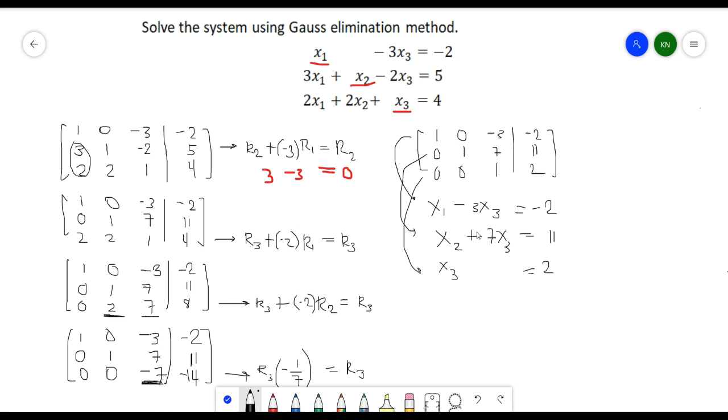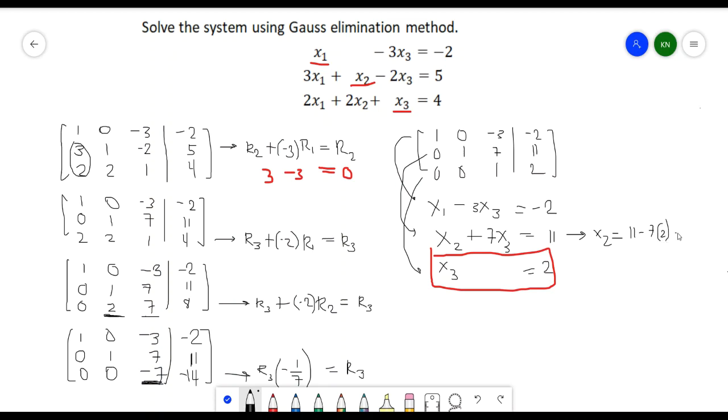So it's very obvious now that the value of our x sub 3 is equivalent to 2. Now what we need to do is find the value of our x sub 2 and our x sub 1. As we know from this equation, x sub 3 already has a value, so x sub 2 is equivalent to 11 minus 7 times our x sub 3, which is 2.